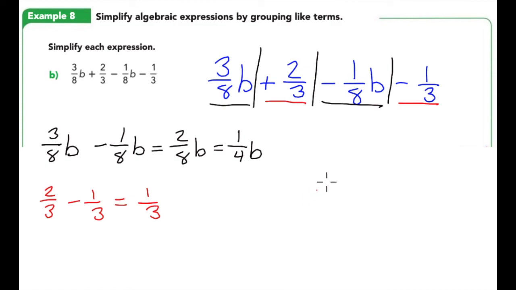So our simplified answer can be written as 1/4 b plus 1/3, or we could write that as 1/3 plus 1/4 b.